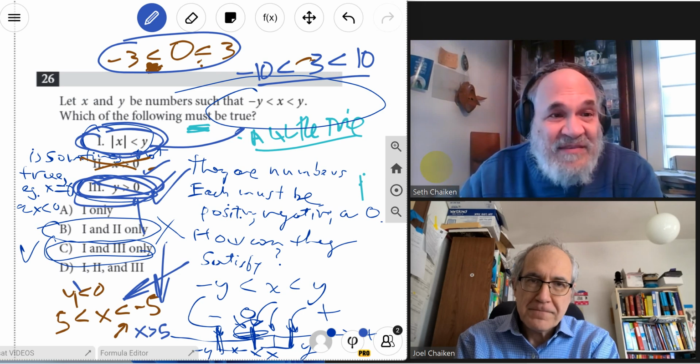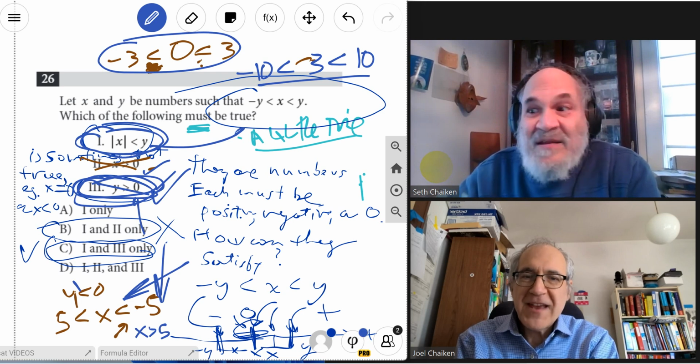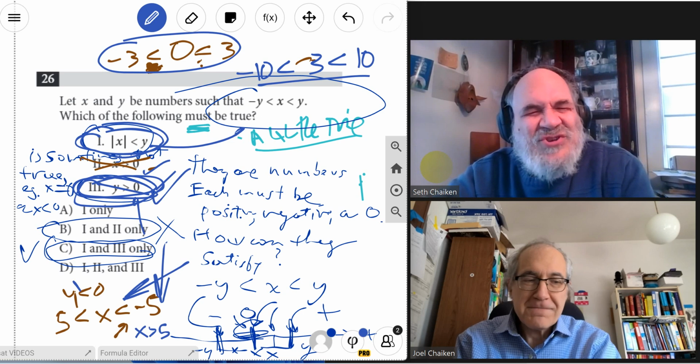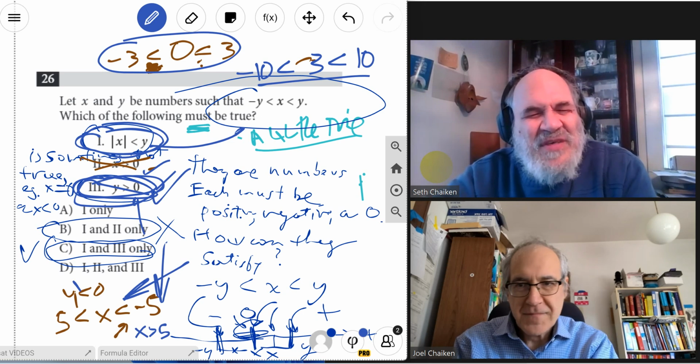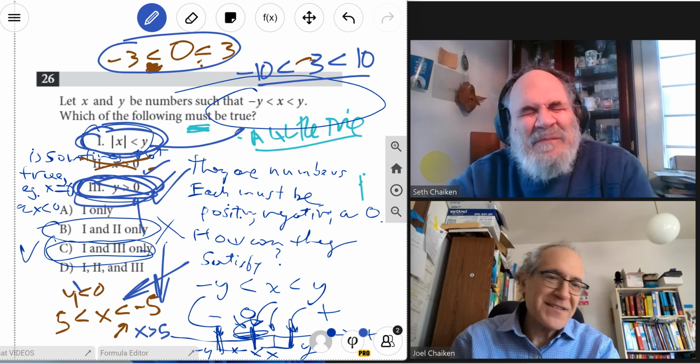Then you have to go to this A, B, C, D business and pick the right combination. On the SAT, you have to actually check for that last opportunity to make a careless mistake. Also, there's a logic thing.